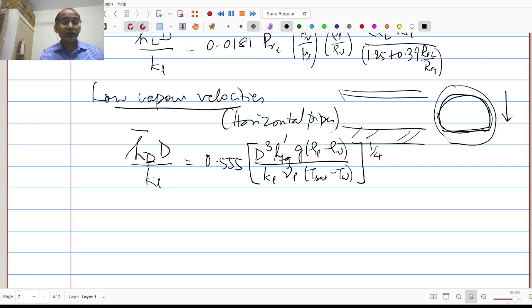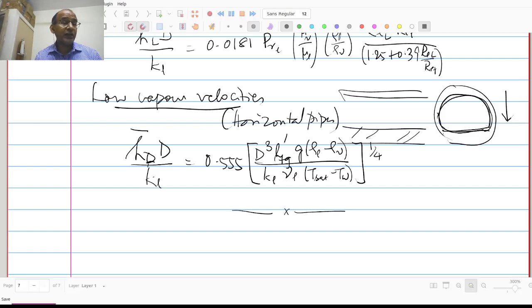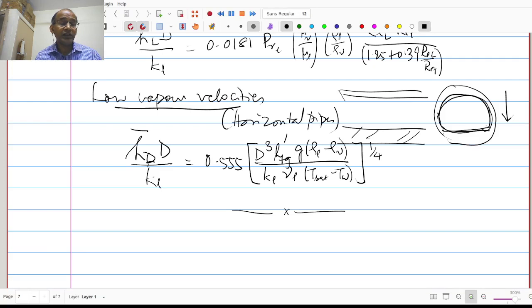So this is the expression for the Nusselt number in horizontal pipes with low vapor velocities, where the liquid film settles down to the lower half of the horizontal pipe and there is a thin film that is coating the upper half of it. So here we will close the topic of film condensation and try to understand dropwise condensation a little bit before we close the topic on condensation.